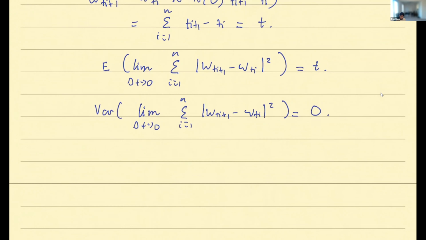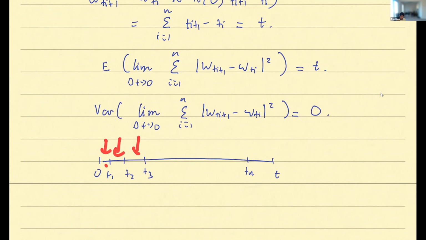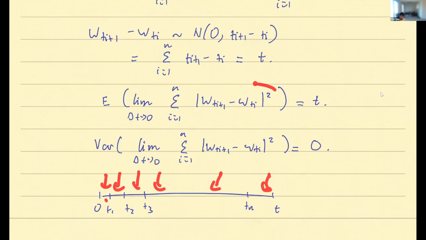But what I'm trying to say is something like this. Basically, remember, you are pushing delta t to go to 0. So when you sum a lot of random variables independently, that's what you're doing here.